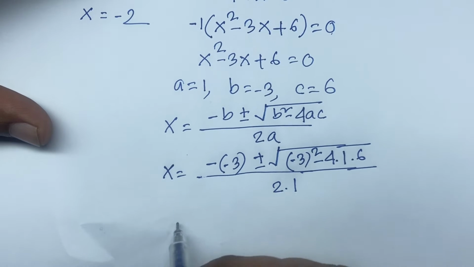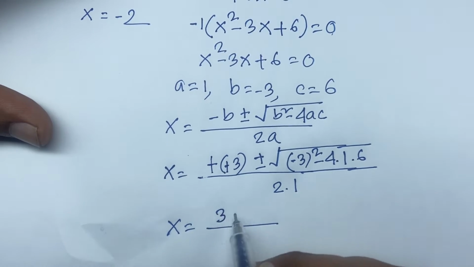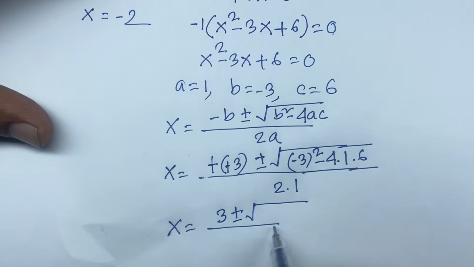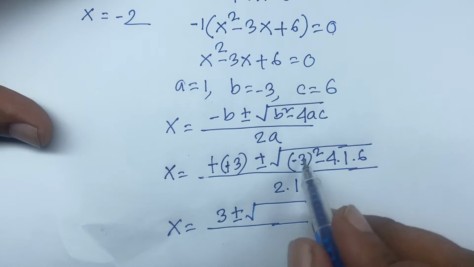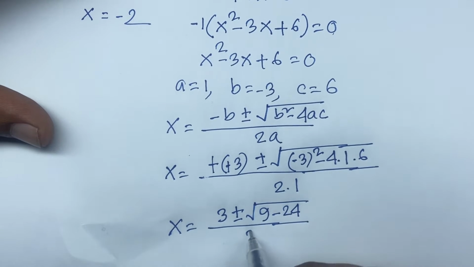Then I can easily see x is equal to, look, minus minus will be plus 3 plus minus square root, and in this case I can see easily 9 minus 4 times 6, it will be 24, over 2.